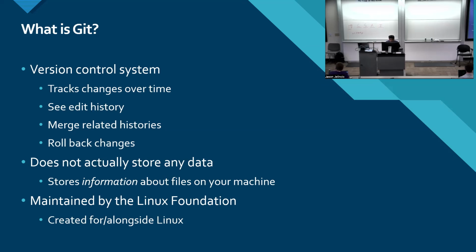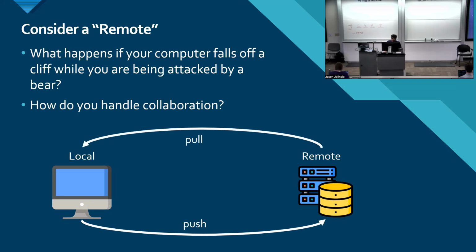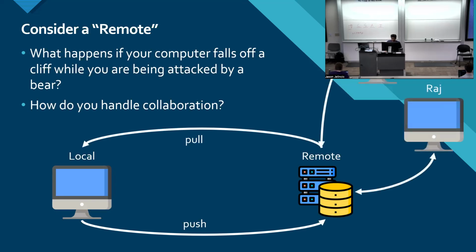Another added benefit of Git and GitHub is that it allows you to work collaboratively with other people. So rather than have everything on one computer, you can work remotely. And this is covered more in depth in this slide. With GitHub, your code is stored in the cloud in a remote repository.